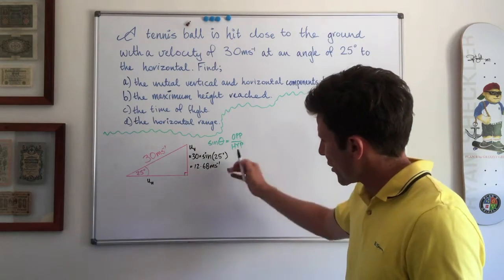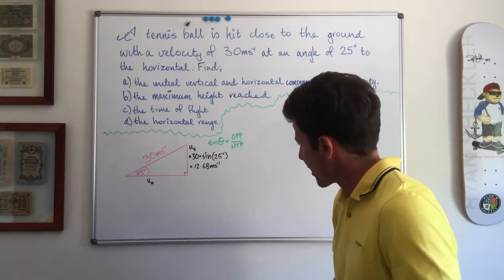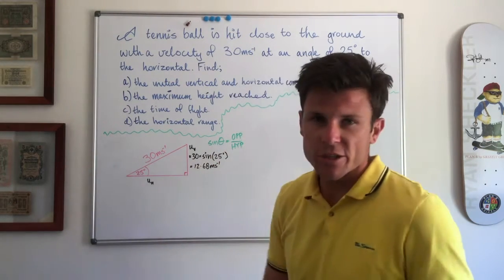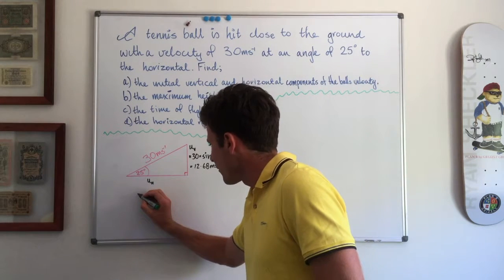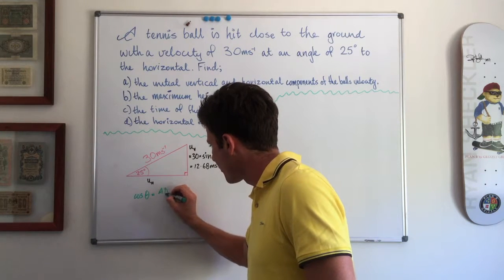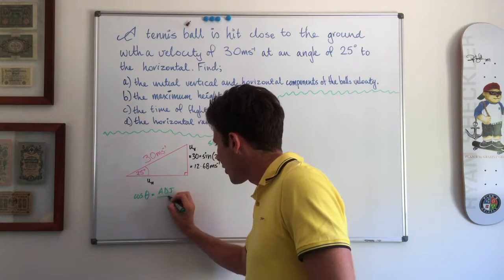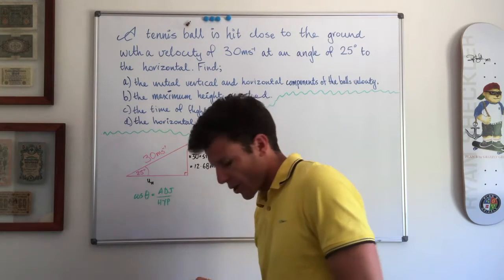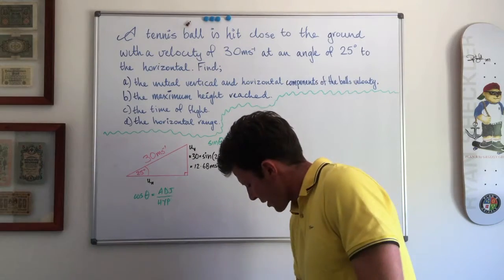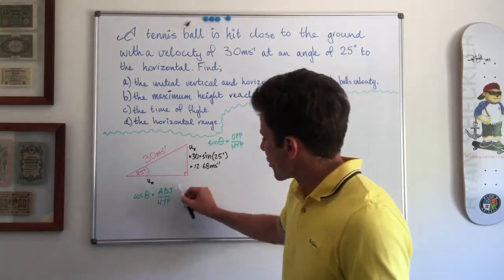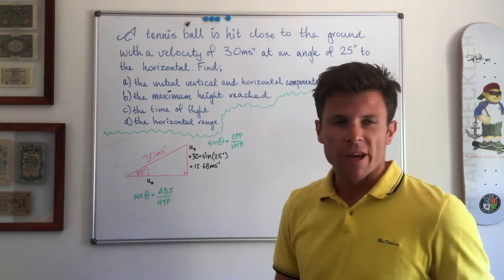The trigonometric ratio which relates the adjacent side to the hypotenuse is cosine. So the cosine of any angle is equal to the adjacent divided by the hypotenuse. Again, using a bit of algebra, the adjacent side would be equal to the hypotenuse times the cosine of the angle.